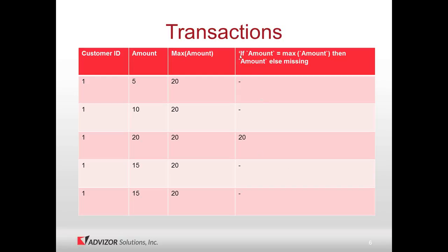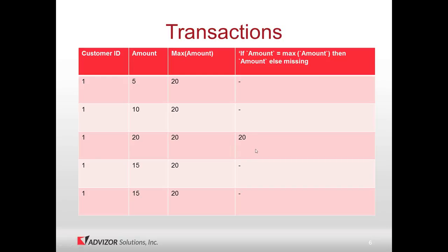If we do an expression such that it's if the amount is equal to the max of amount, that is, if this is equal to the max, then we list the amount, else missing. Notice how for each of these rows where the amount is not equal to 20, we have a missing, whereas in the row that is equal to 20, we have a 20 listed.